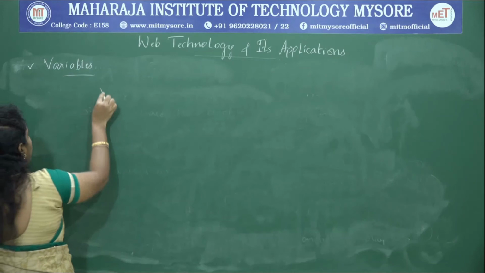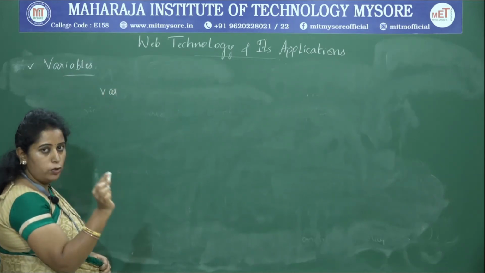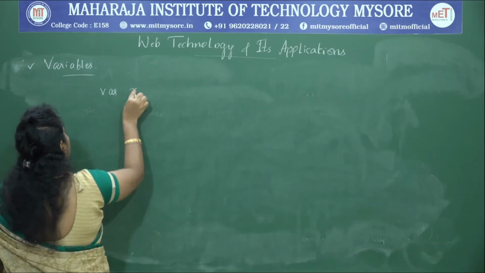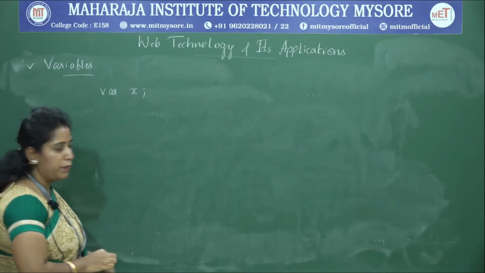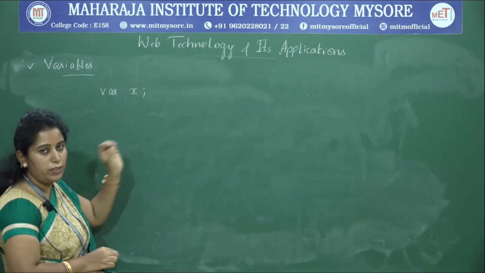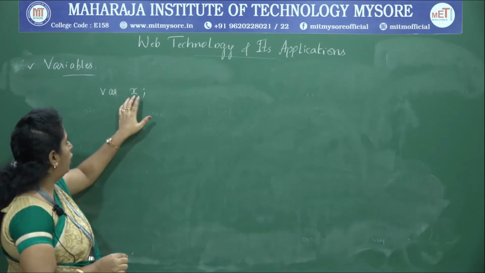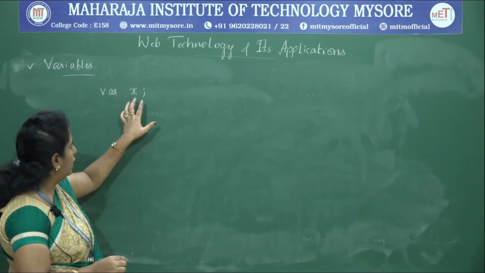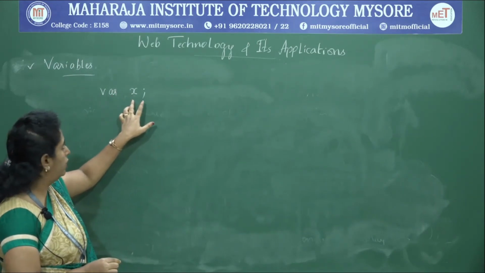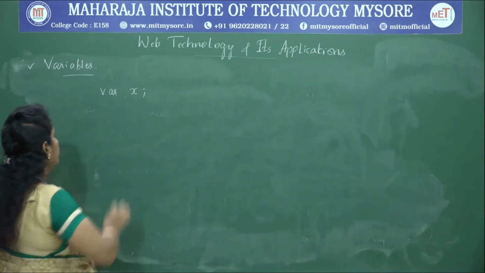So directly you can take a var, that illustrates you are going to declare a variable, and then give a variable name. So this statement is going to define one variable which has no value. In the sense, by default, when you declare a variable like this, the default value of this x will be undefined, in the sense the value is not defined.